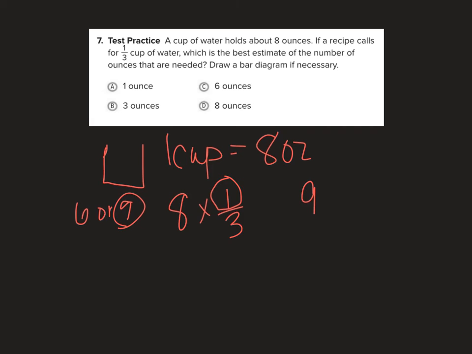So I'm going to say, okay, what's 9 times 1/3? Same as asking myself, what is 9 divided by 3? Well, that's going to be 3. So 3 ounces is about how much I would need if I'm going to find 1/3 of cup. So 1/3 cup of water is about the same as saying 3 ounces.